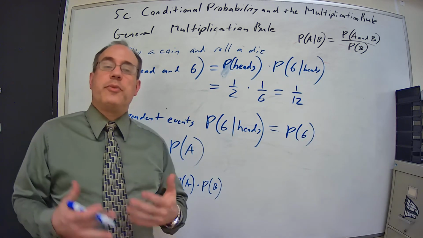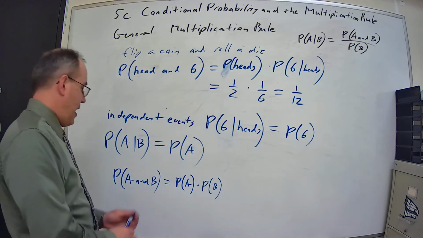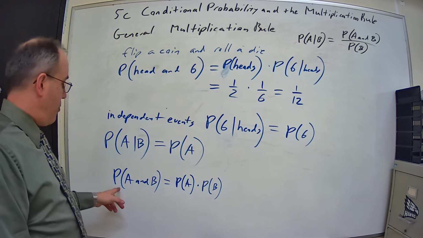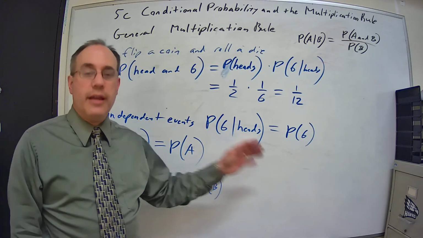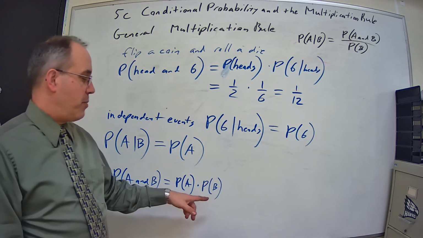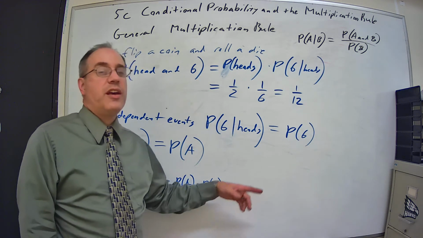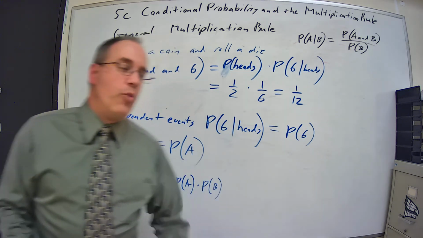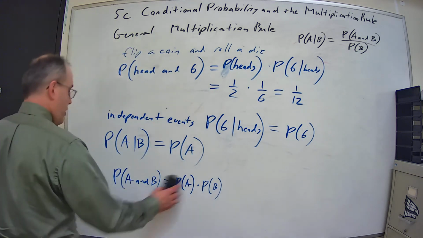So those are considered to be independent events, and it has no effect on it, which allows us to extend this, and we can say the probability that A and B and C and D and E and F occurs is equal to the probability that event A occurs multiplied by the probability that event B occurs multiplied by the probability that event C occurs, that event D occurs, that event E occurs, that event F occurs, right? We can multiply as many times as we want.